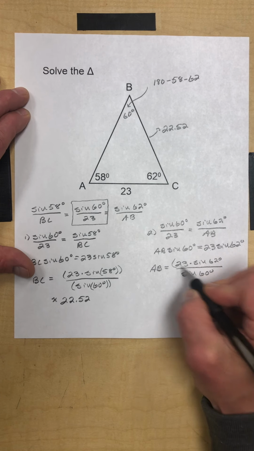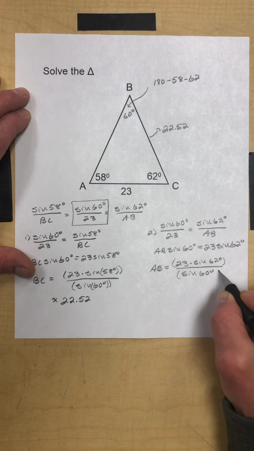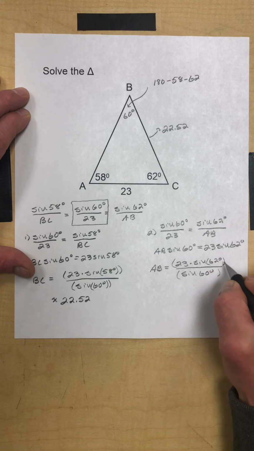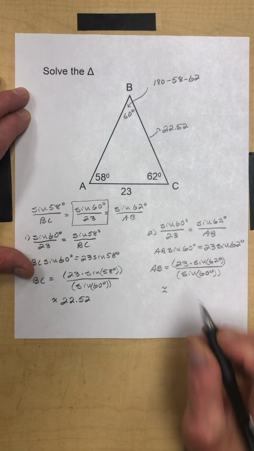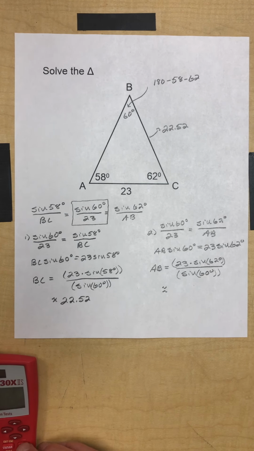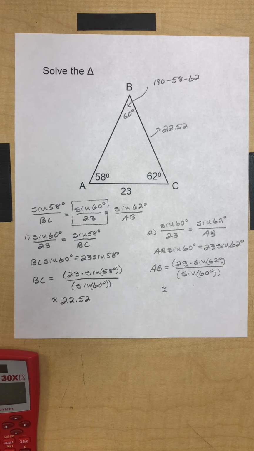And then get your parentheses in there to separate the numerator from the denominator. And we know we're going to have parentheses around our angle measures right there. And then we punch in and round off. So let's see, parenthesis 23 times the sine 62, double parenthesis, divided by parenthesis, sine of 60, double parenthesis.